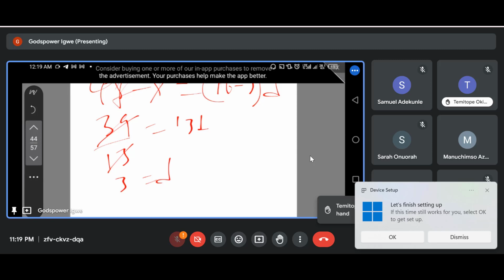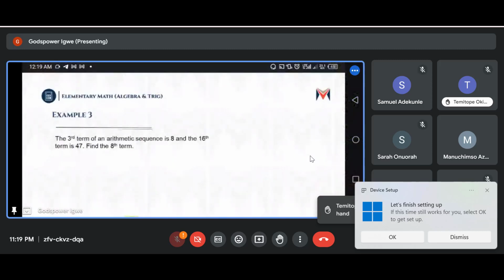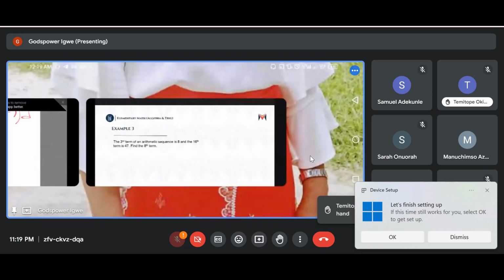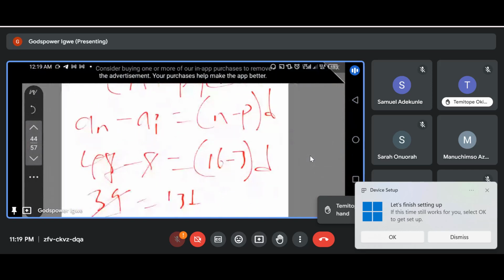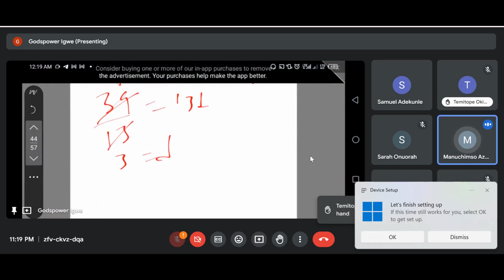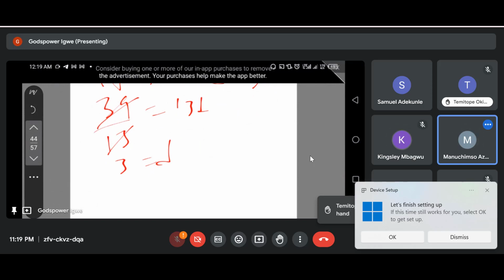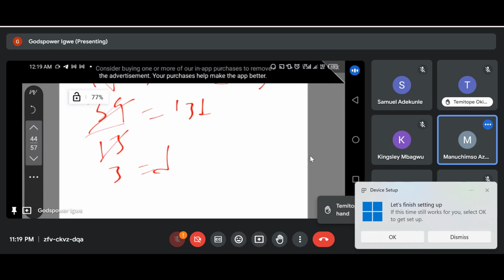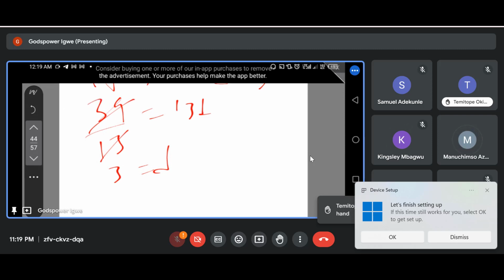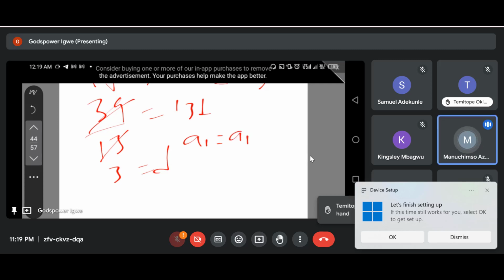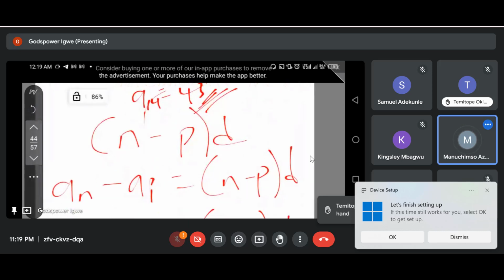So what do we do now to find the eighth term? We now go to using our normal formula, right? Oh, no, we still have to find the first term. We find the first term by taking one of the two terms, either the third term or the 16th term.